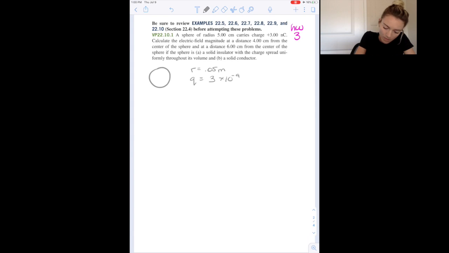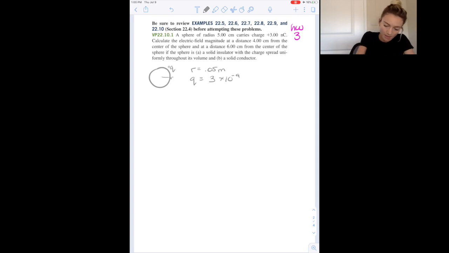So it has some radius and it has some charge on it. Calculate the electric field magnitude at a distance 4 centimeters from the center of the sphere and a distance 6 centimeters from the center of the sphere, if it is a solid insulator, and then if it's a solid conductor.